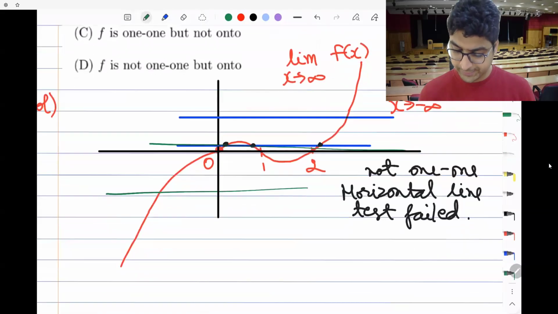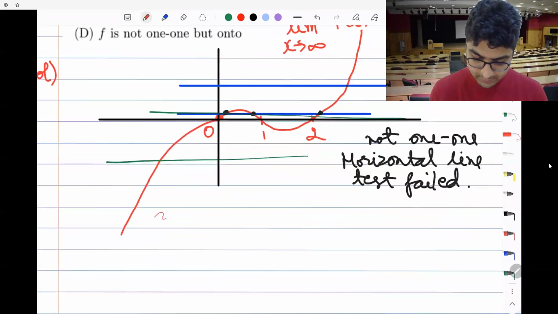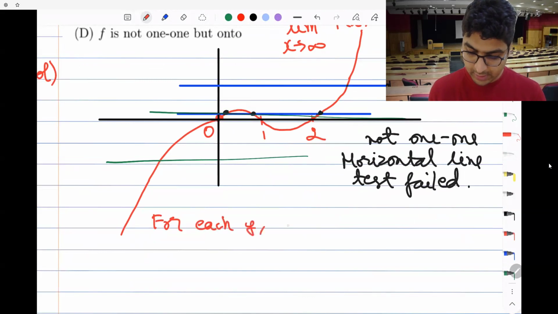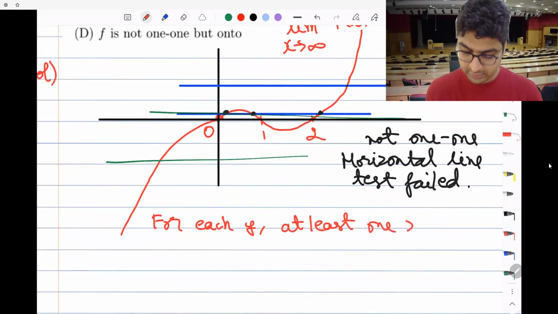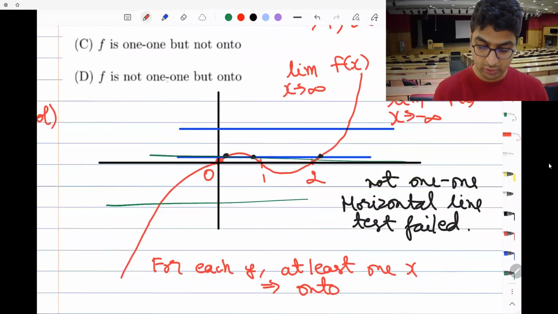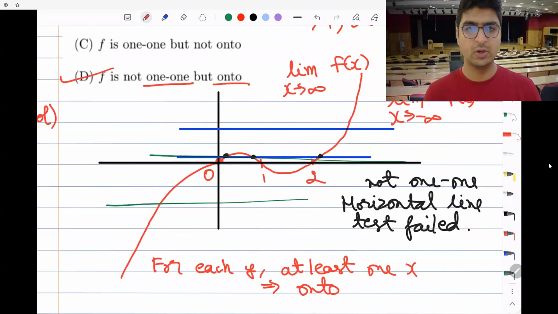So for each y there is at least 1 x, so this implies onto. So this is onto but not 1-1. So f is not 1-1 but onto. So that's option D. Okay, I hope you got it correct. It's simple, na.